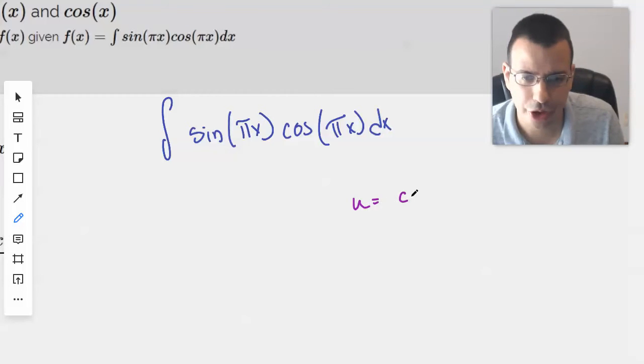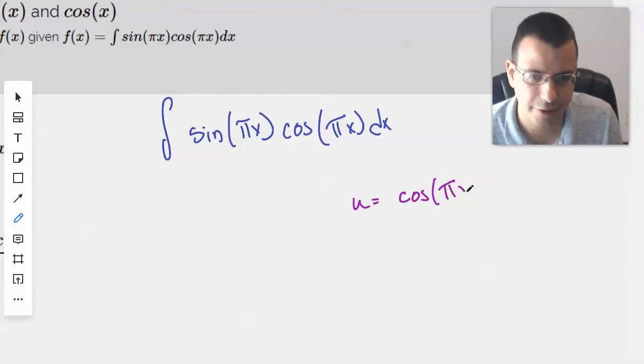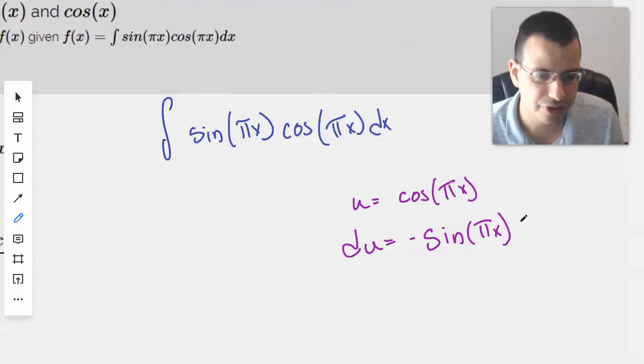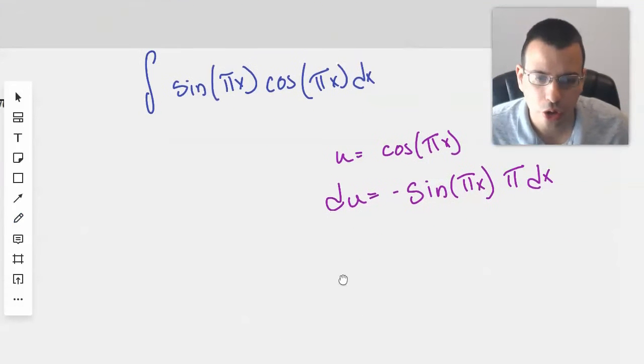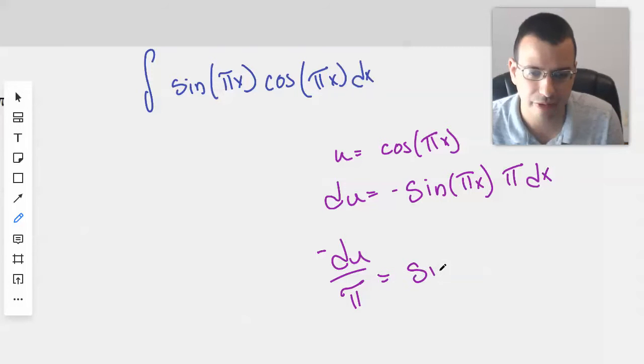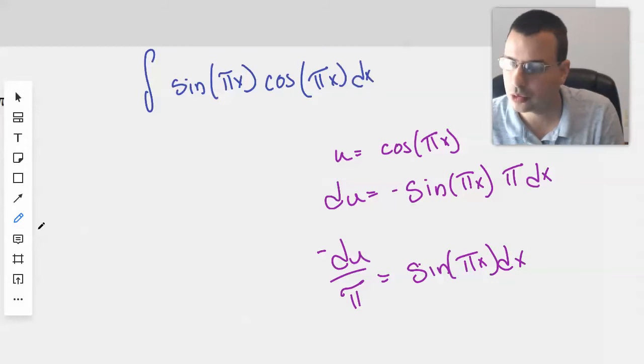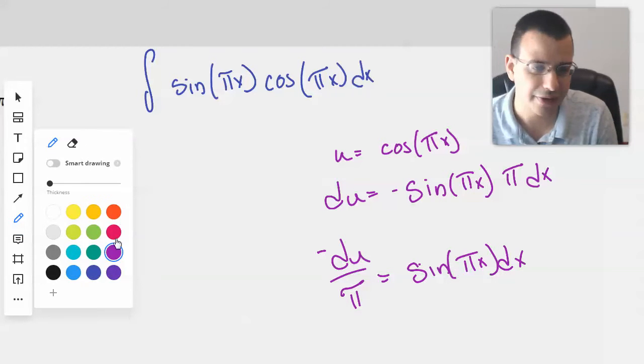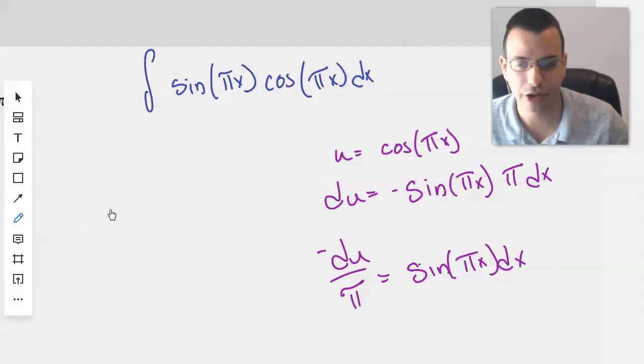So let's say u equals cosine of pi x. And du will then equal negative sine of pi x times the derivative of the interior, which is pi dx. Rearranging this a little bit, we get negative du over pi equals sine of pi x dx. Changing colors. You don't actually have to change colors. It's just something that I like to do.